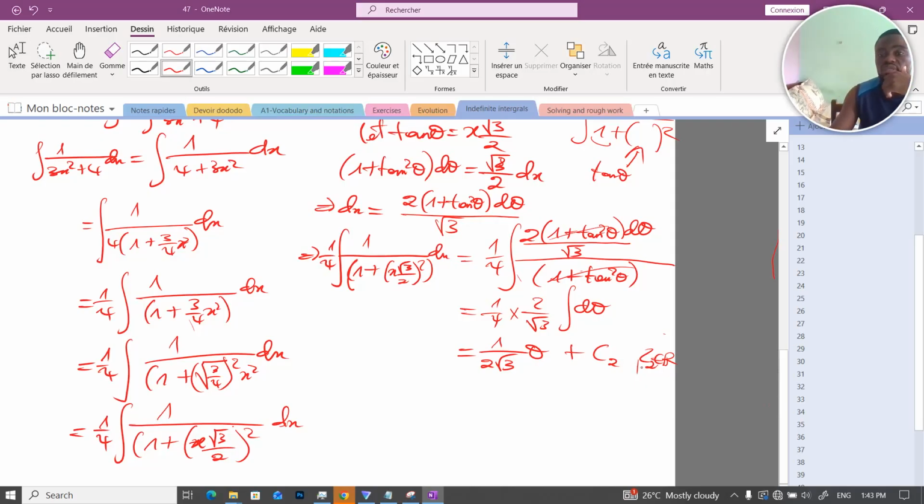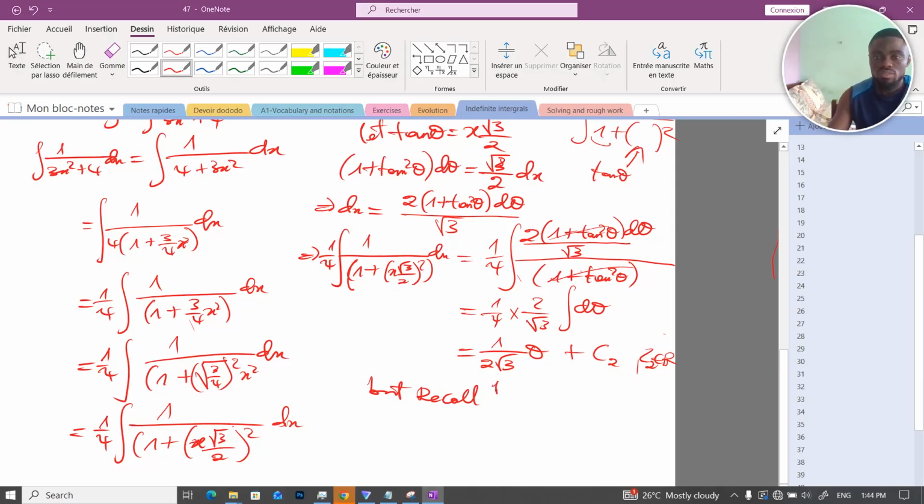When you have already mentioned one time to which set your constant of integration belongs, there is no need of precising it again. You understand? But recall, I told you that when you are integrating something in terms of a variable, you always have to give your answer with respect to the starting variable.